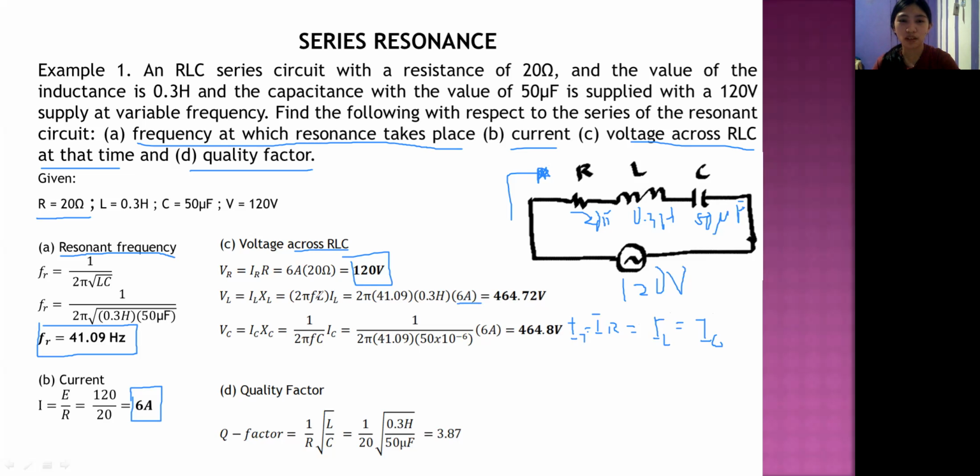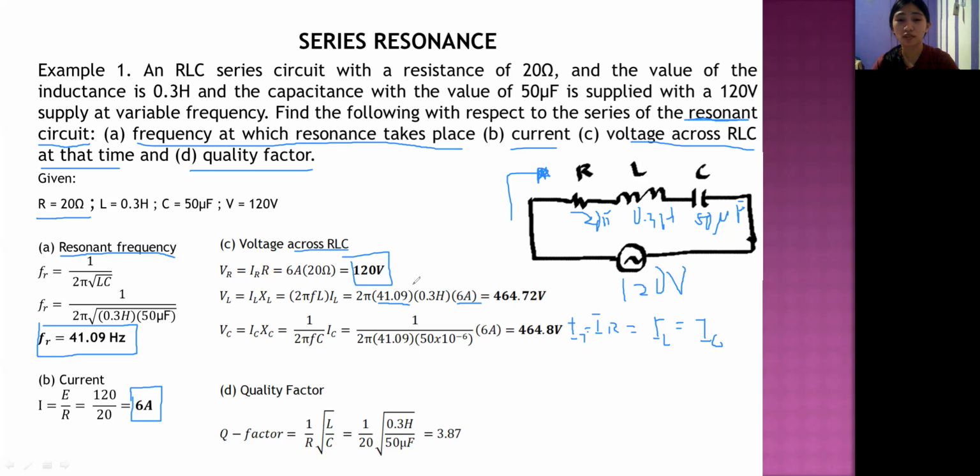So 2 pi FL. Here the frequency is the resonant frequency, because we're dealing with a resonant circuit. So 41.09 hertz.